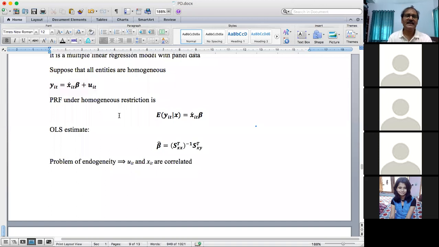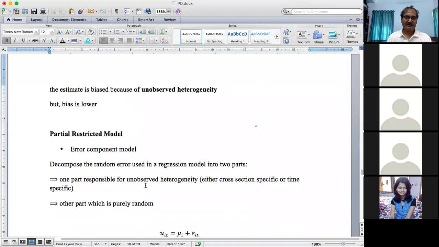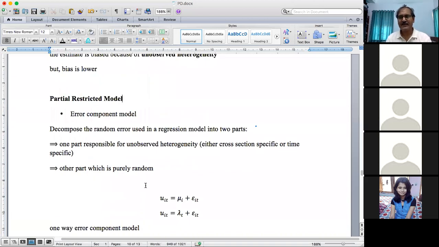In a panel data, you have two types of source of variation: one across the cross section, another over time. So heterogeneity may appear because cross-section units may be heterogeneous, or time points may be heterogeneous. So there are two sources of heterogeneity in your data matrix.